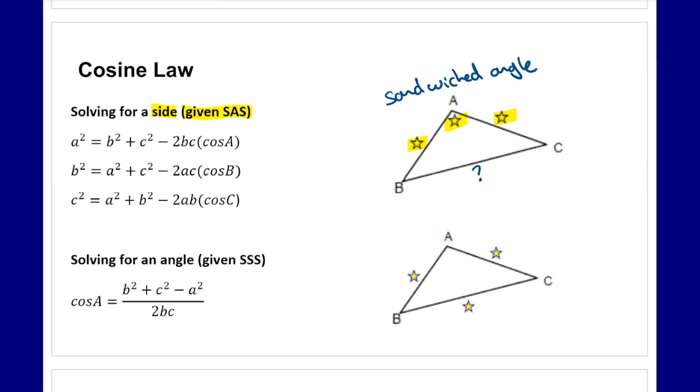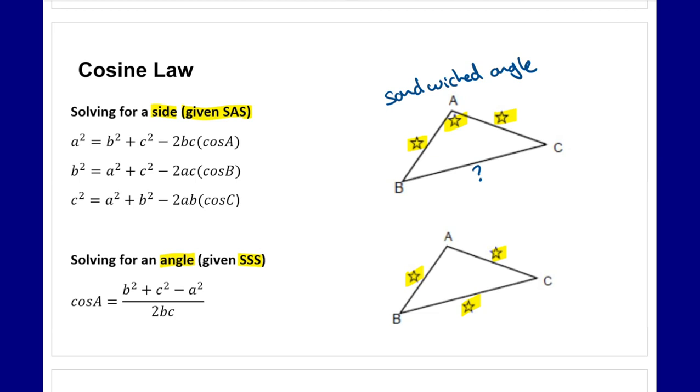If we're trying to solve for an angle, we're given all three sides, or SSS. So that means we'd be given all three sides, and we can use that to help us find any given angle in our triangle.